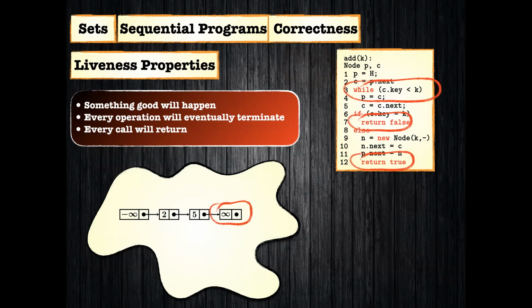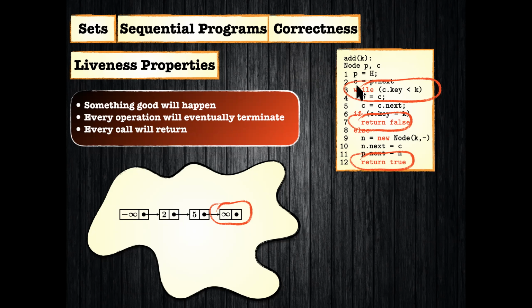For liveness properties, we will check termination of the method call. So here we would like to make sure that each operation that is performed, each call, will eventually return. In this case, it was easy because the length of the set was finite.